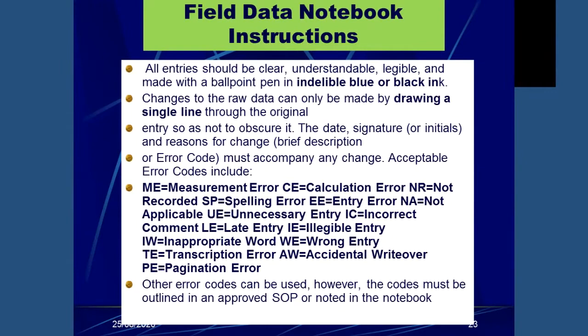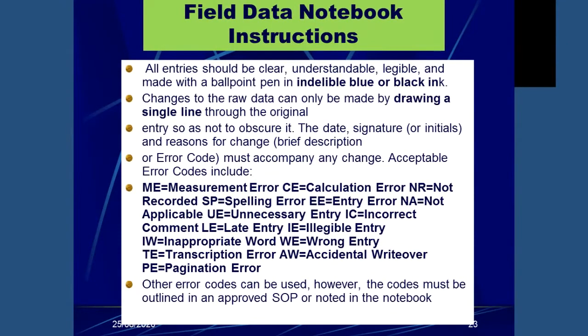Add the date, signature, initials, and the reasons for change. Use one of the error codes. You could use the error codes in the book, or some people also have error codes as part of their SOPs. So rather than writing out the whole reason, they just use abbreviations.